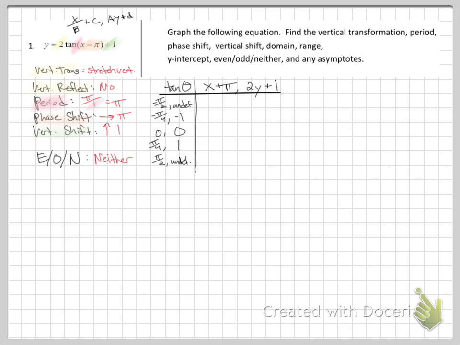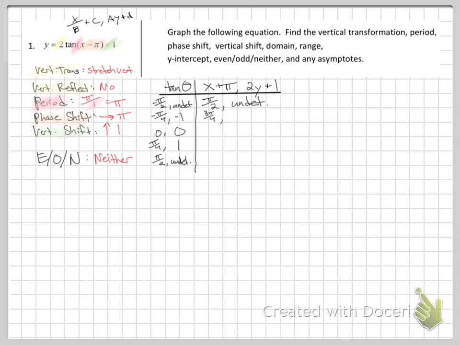So this is the part I'm going to start doing in my head now. So pi, when I'm doing a common denominator of 2, that's really 2 pi over 2. So negative 1 plus 2 is pi, and then over 2. Undefined times 2 plus 1 stays undefined. Negative pi over 4, so I need a common denominator of 4. So plus 4 is 3 pi over 4.